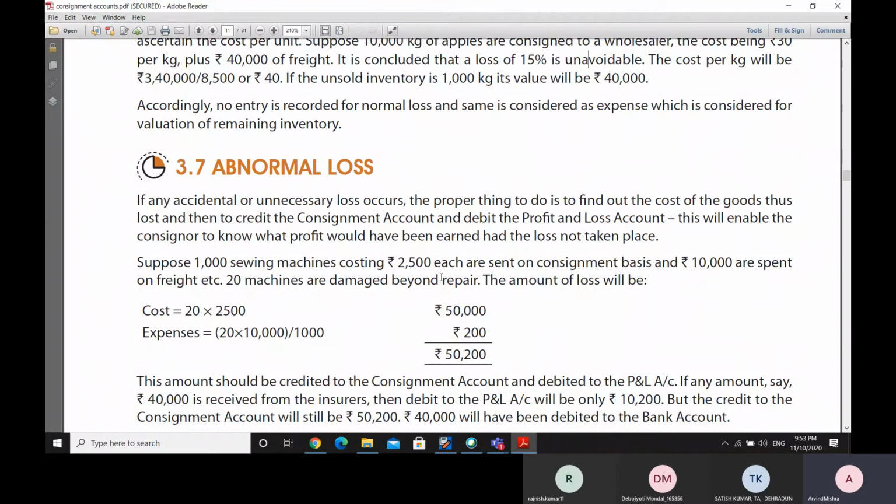And once we find out the cost of the goods lost by abnormal loss, we credit the consignment account and debit the profit and loss account with that much of the loss. This will enable the consignor to know what profit would have been earned if the loss had not taken place.